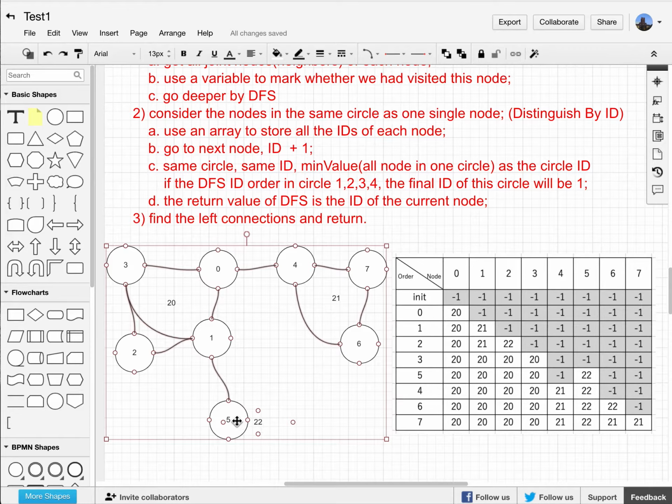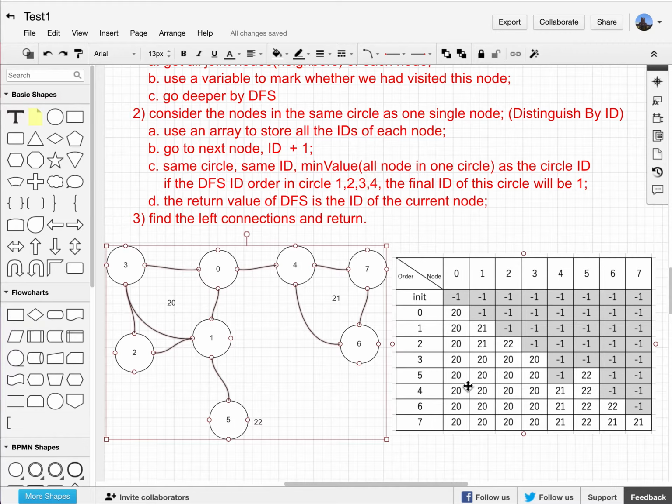And the 5 node said, okay, you give me 22 and I have no children, so no change. After my DFS, I'm still 22. So when we finish the DFS of the 5 node, the final IDs will be 20, 20, 20, and the 5 node will be 22.